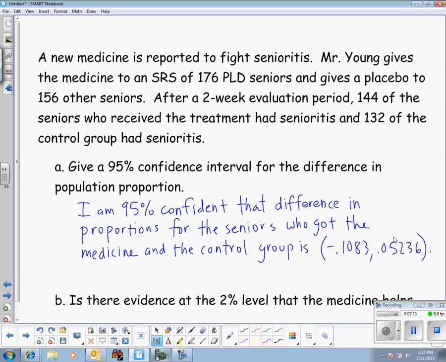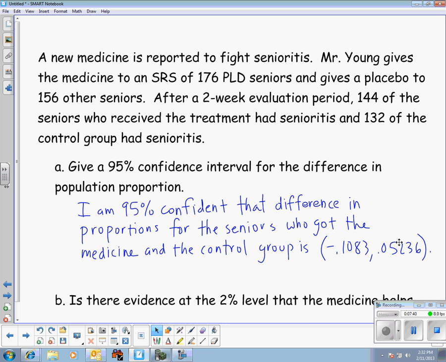So the fact that this interval went across 0 says that because it's more in the negative side, I'm thinking that my value is negative, meaning the people who got the medicine got the disease at a lesser rate because I subtracted group 2 from that. So if the drug in fact worked, these numbers should be negative. However, if I'm 95% sure, that goes all the way across 0.